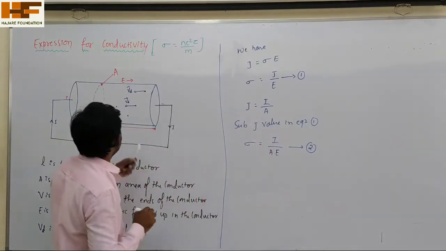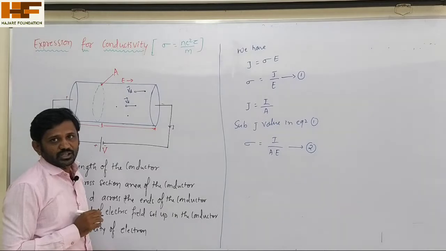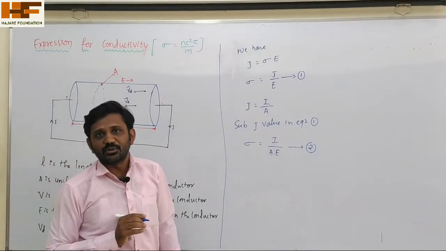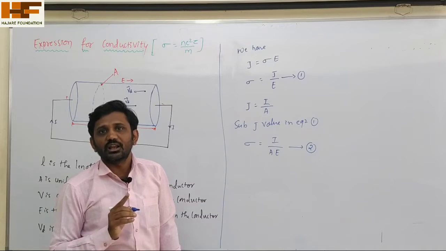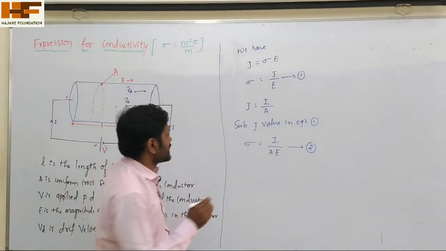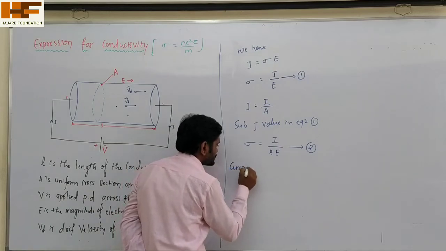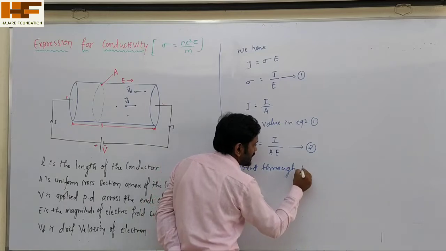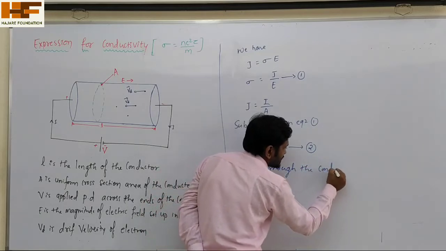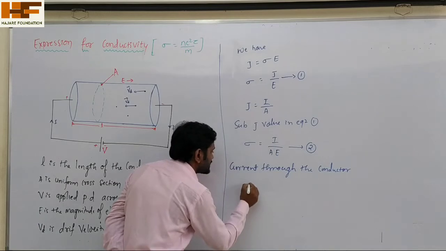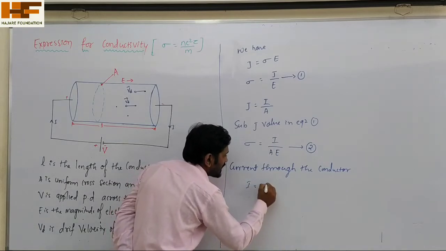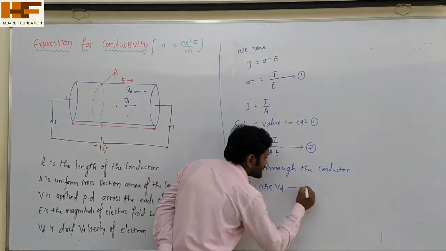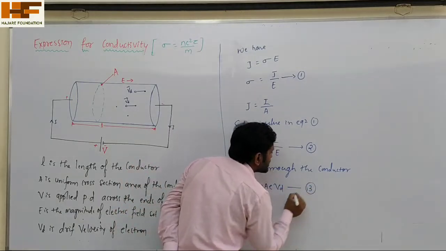Then what is the current through this conductor in terms of drift velocity? Already we know that the current in terms of drift velocity, that is I is equal to n A e into Vd. This one we will take as equation number 3.